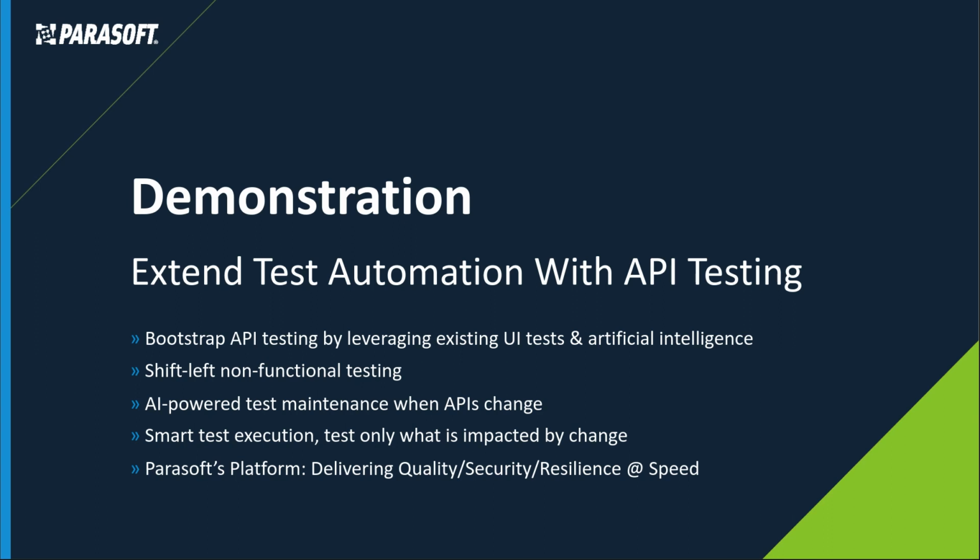And then lastly here, we're going to revisit Parasoft DTP. This is our purpose-built platform that helps our customers manage their continuous testing practices that are going to be part of their larger modernization initiative. So let's go ahead and get started.